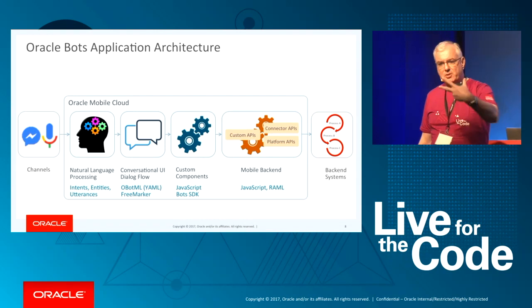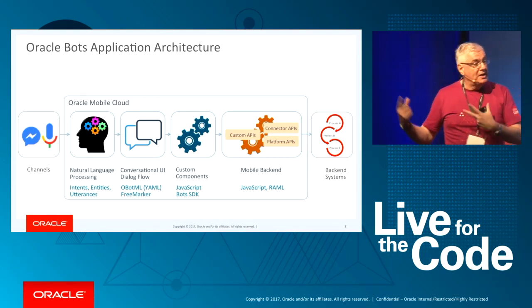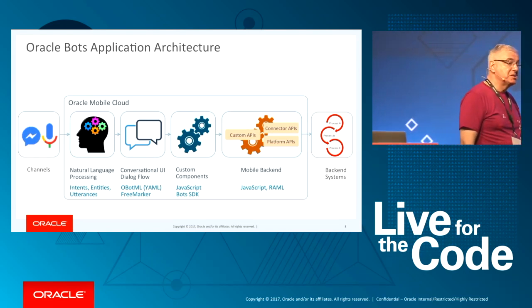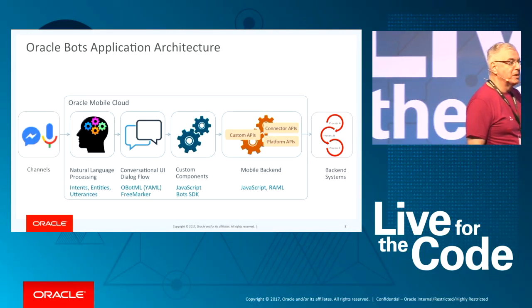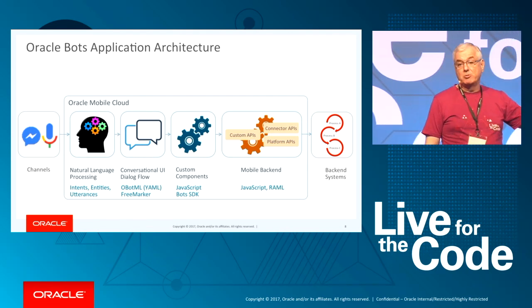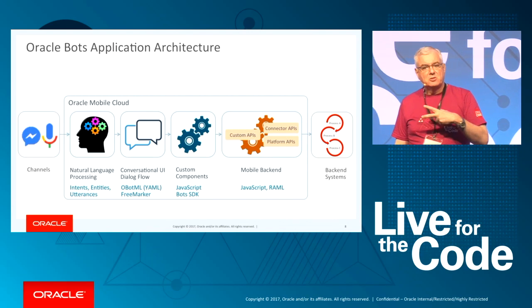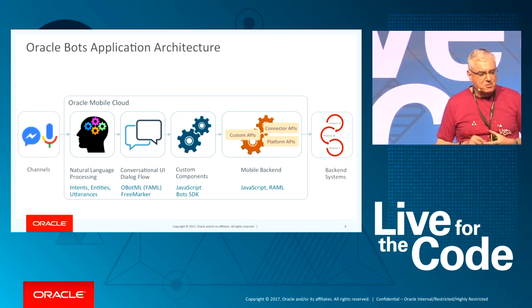Build up the information so you have enough information to actually go and get it. And the way we go and get it is we call one of these custom components that actually goes and calls my CRM, it calls my HR system, it calls my ERP, gets the appropriate information, and then sends it back to the dialogue so it comes back in as a bubble in my conversation flow.